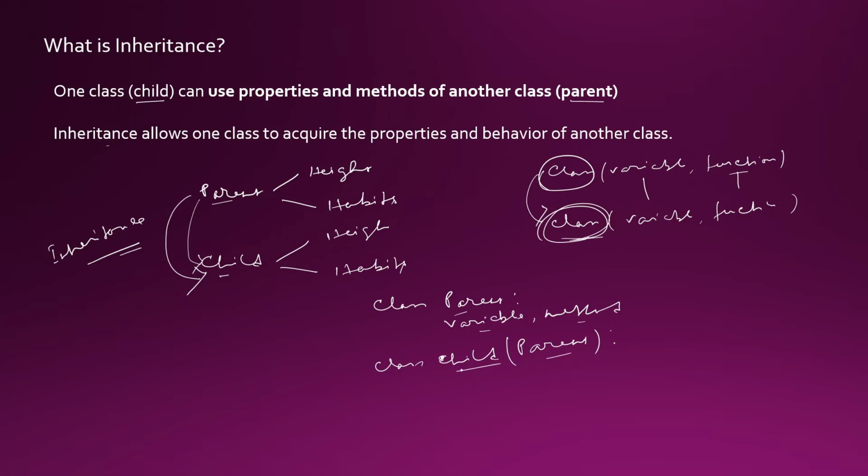Now that means this child class is inheriting all the properties of this parent class. Here you can define any new variables, methods, plus inherited properties.